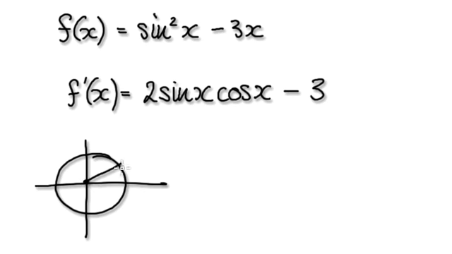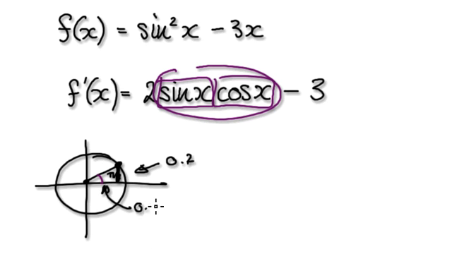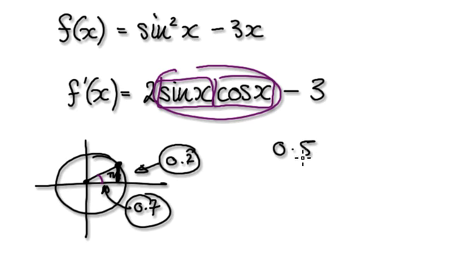The maximum value of the product of the two would be when the angle is at pi over 4. When it's at pi over 4, the height would be, I can't remember, 0.7 something. The across would also be 0.7, and when you multiply these, it will give you 0.5.